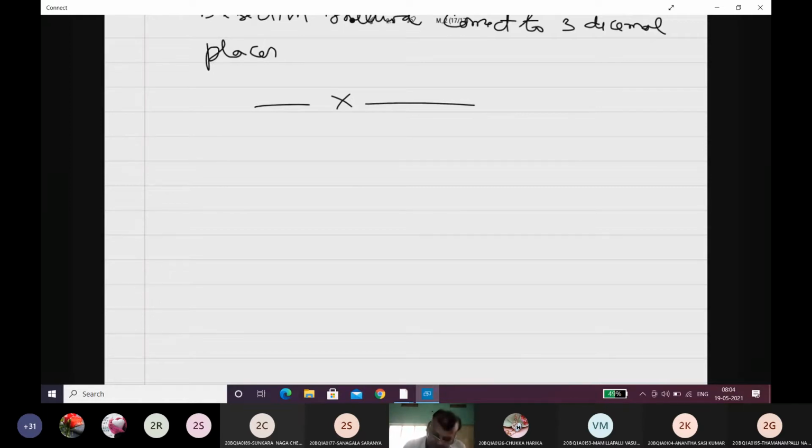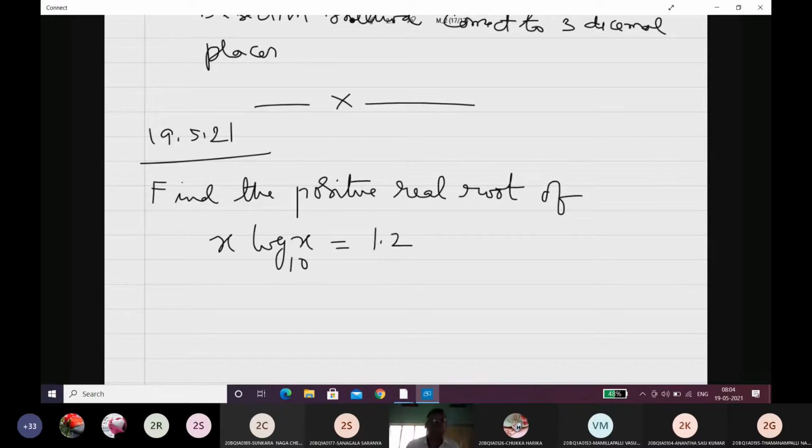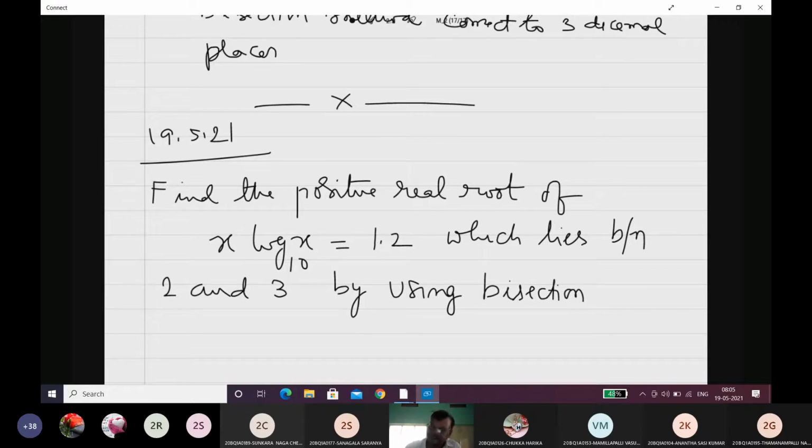Find the positive real root of x log x base 10 is equal to 1.2, which lies between 2 and 3, by using bisection method, in 6 stages.